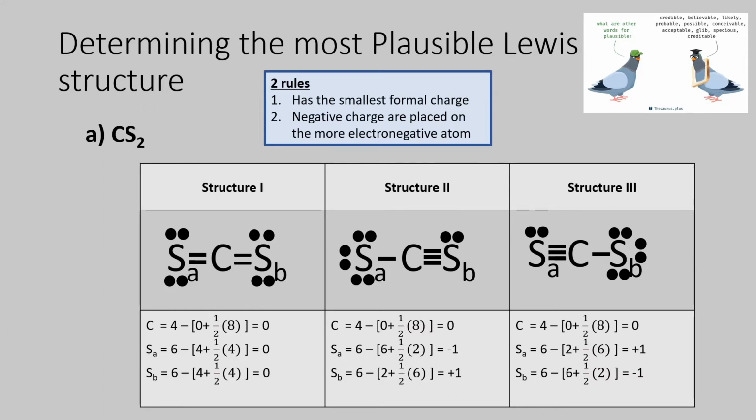Okay, for example, CS2. Okay, kalau you tengok, kalau saya buat Lewis structure dia, carbon ni octet, sulfur ni octet, sulfur A and sulfur B octet kan, betul tak? 1, 2, 3, 4, 5, 6, 7, 8. Betul. Okay, tapi for example kalau saya ambil double bond ni untuk masukkan jadi triple bond, this one also jadi octet.